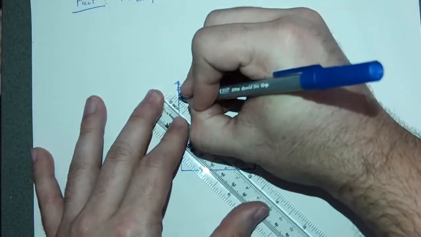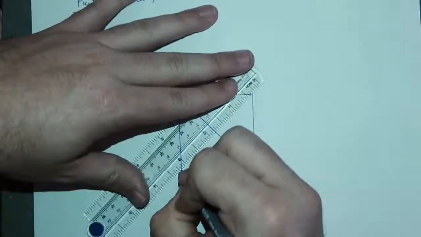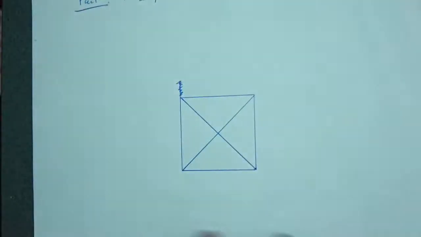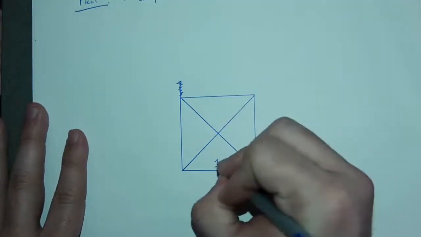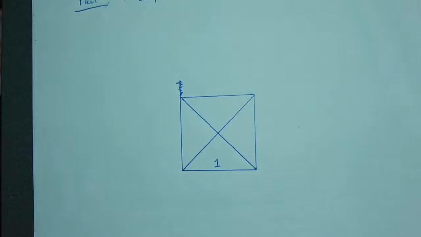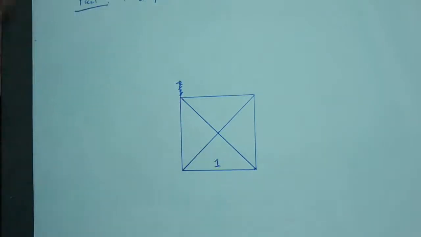So let me draw in the 4 triangles that split the unit square in this way. So here's side length 1. Okay. So I'm going to look at a single length of this diagonal.